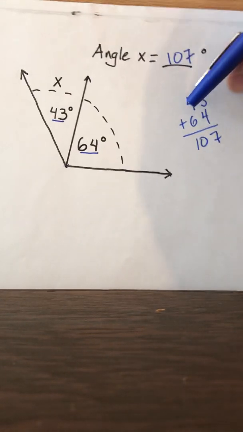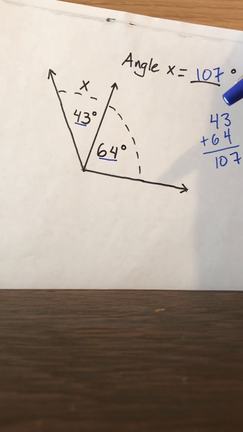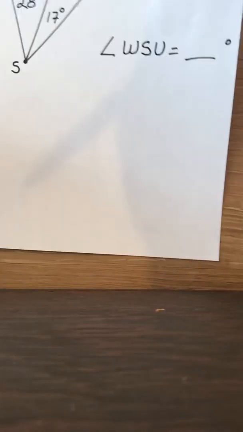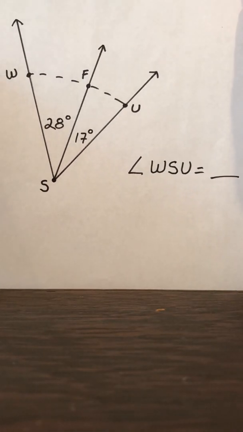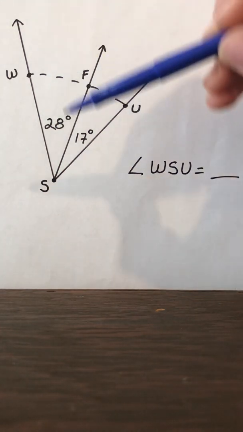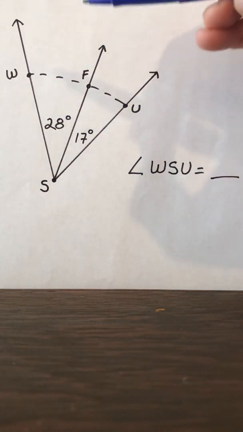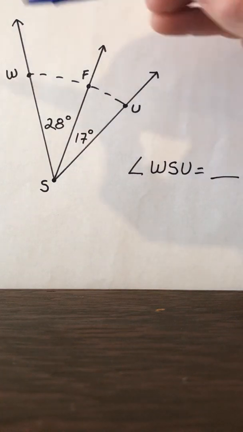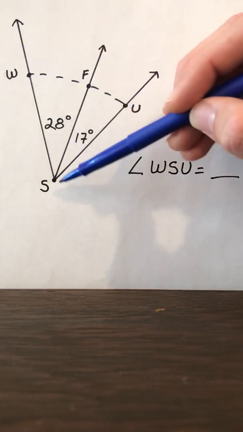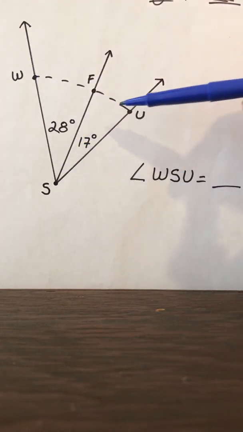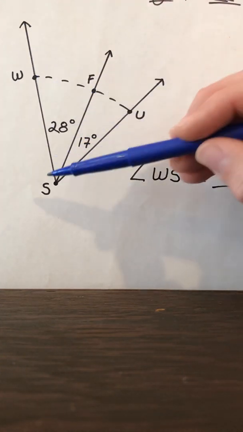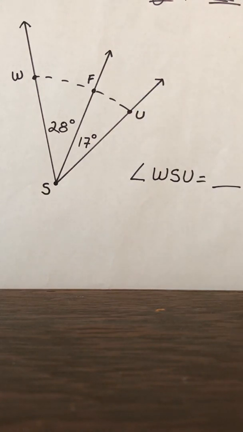So let's try another problem that's slightly different, okay? It's similar, but it's just represented a different way. And here's what it looks like, okay? So this is still another angle, three different as we saw last time, from point up here, so W to S to F, W to S to U, and also F to S to U, okay?